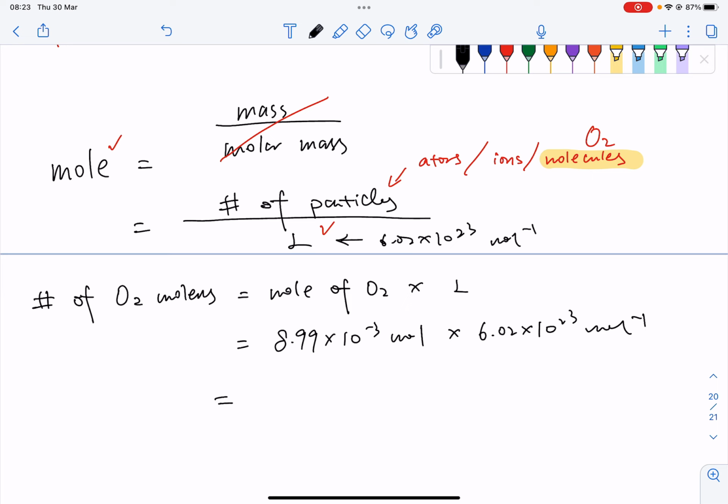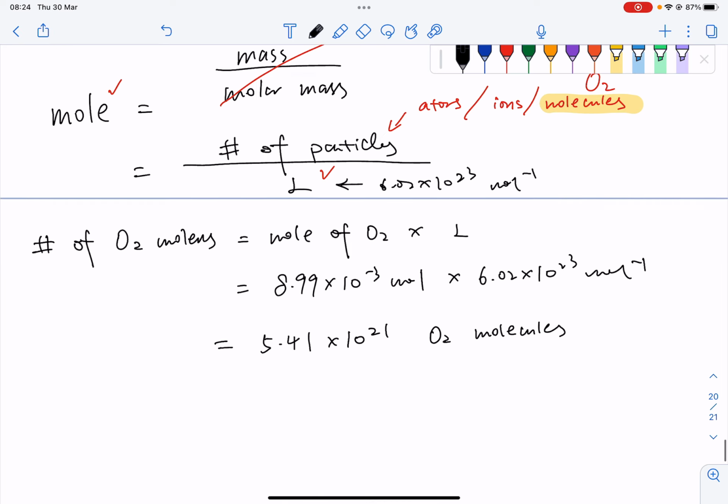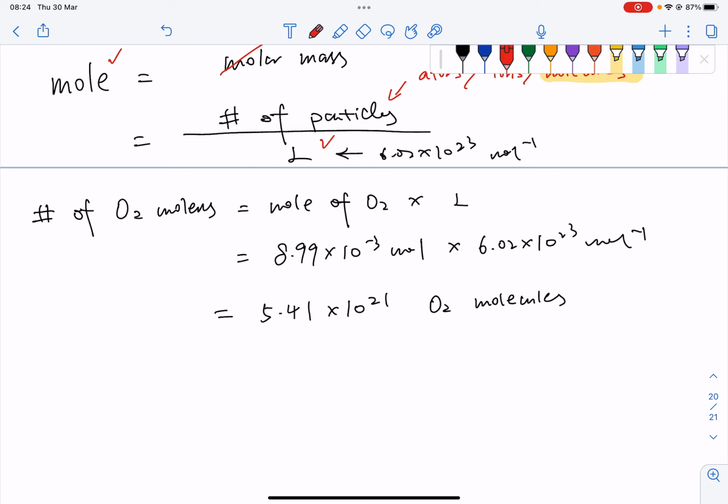The answer here should be 5.41 times 10 to the power 21 oxygen molecules. This should be the answer for question A2.